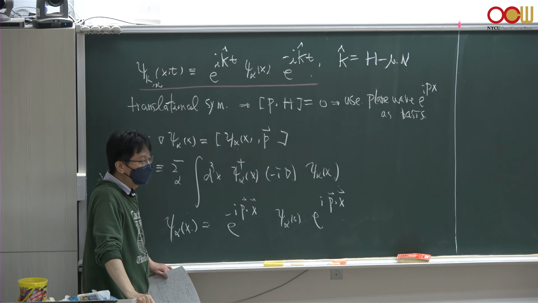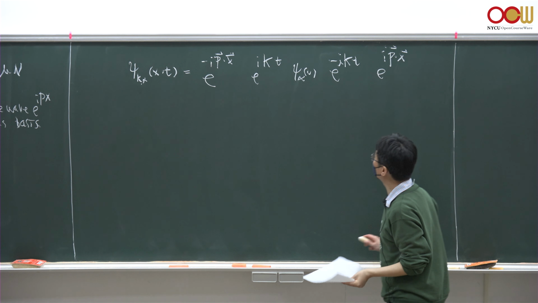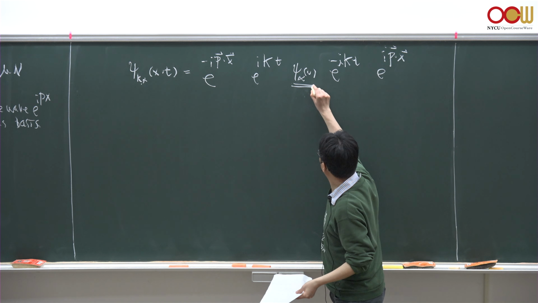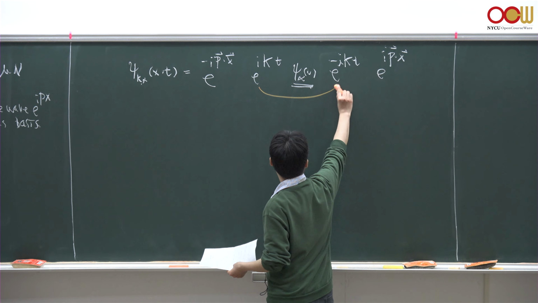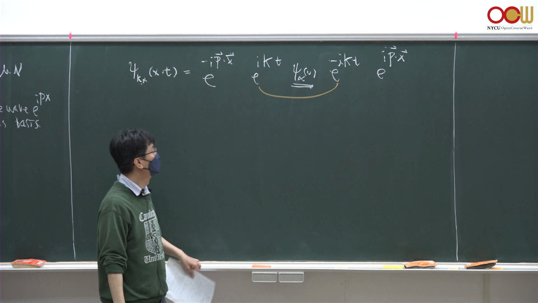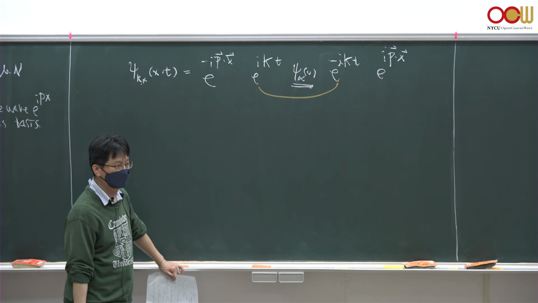As a result, you could simply combine these two, and you can write the Heisenberg operator for the single particle destruction operator as a double unitary transformation. You start with the destruction operator at x equals 0, t equals 0, and then you transform this to x equals 0 and time equals t, and then you make another unitary transformation that takes you from x equals 0 to x equals x.